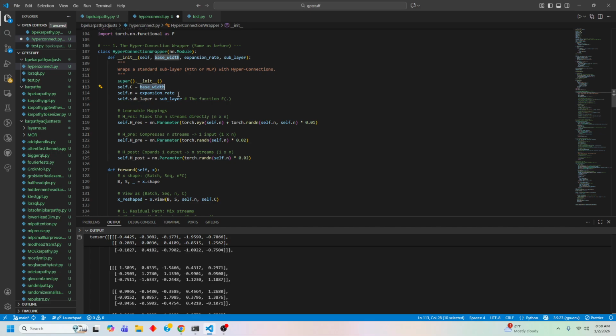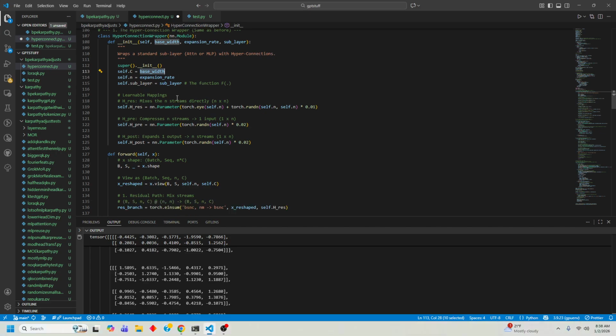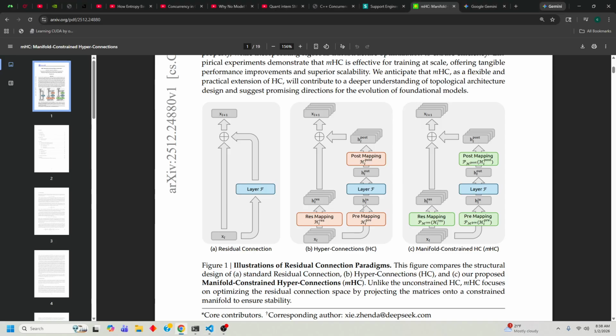So that way they could break it out into different parts. So you have, let's say, 64 embedding dimensions. You break that into expansion and base width. So let's say your expansion rate N is 4. So you take 64, break it into 4 parts, and you'll break it into 4 tensors of, what is that, 16 width. So your new embedding dimension for each of these would be 16.